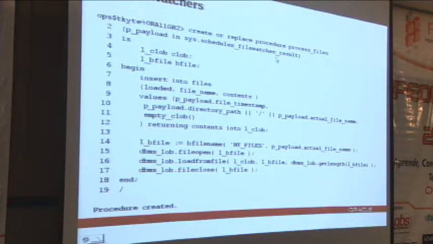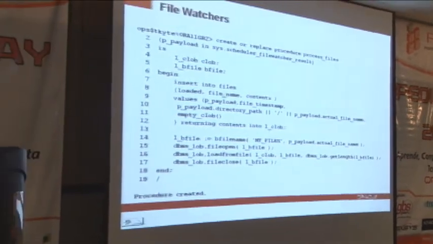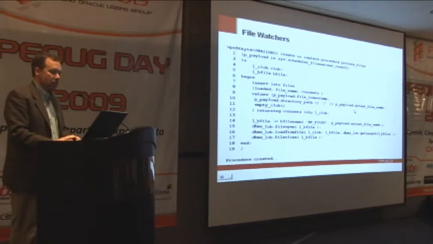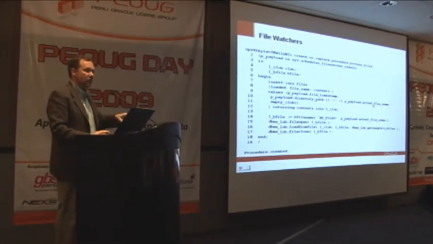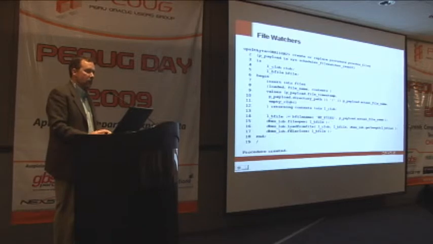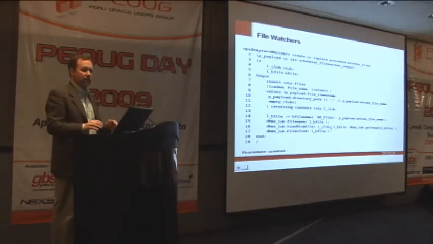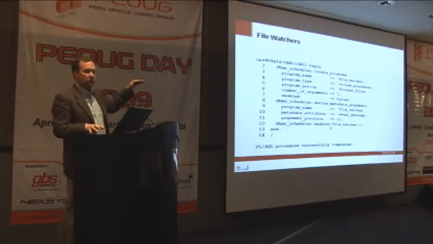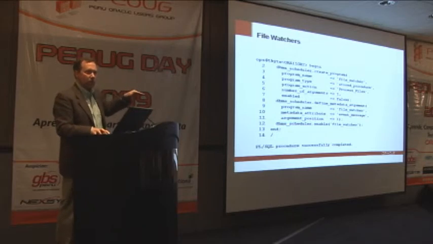And all this is metadata about the new file that just arrived. It's things like the directory path, the timestamp on the file, the actual file name. So I save this data into the table, load an empty clob, and then load the file from the operating system into the database.